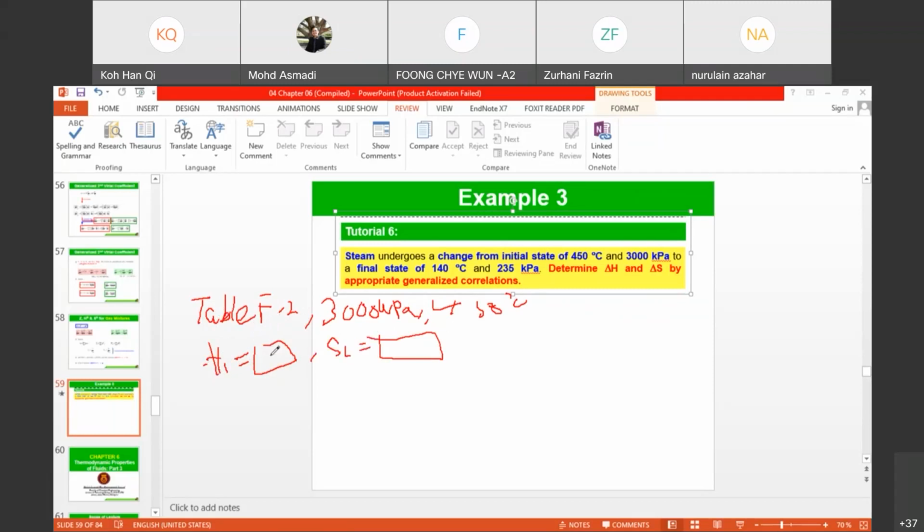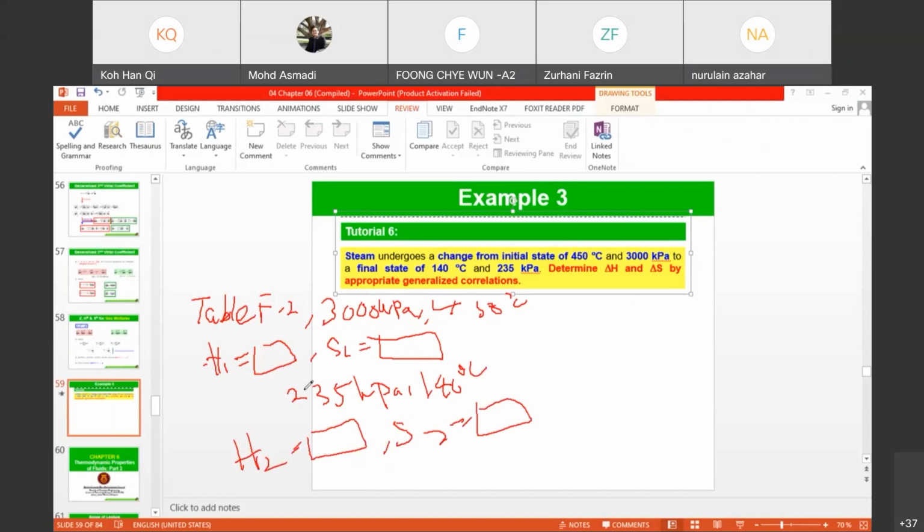Similarly, table F2 for the second condition. You have to do the interpolation at condition 235 kilopascal, and the temperature is 140 degrees C. So you can get H2 and also S2.